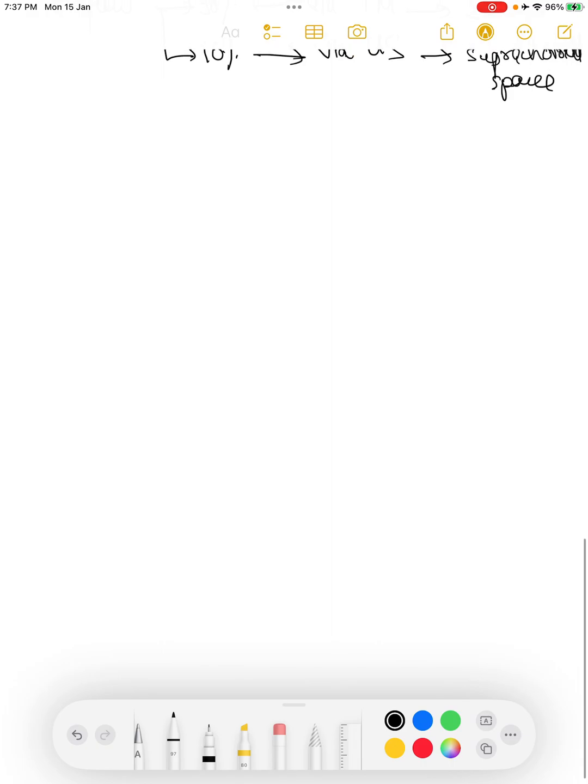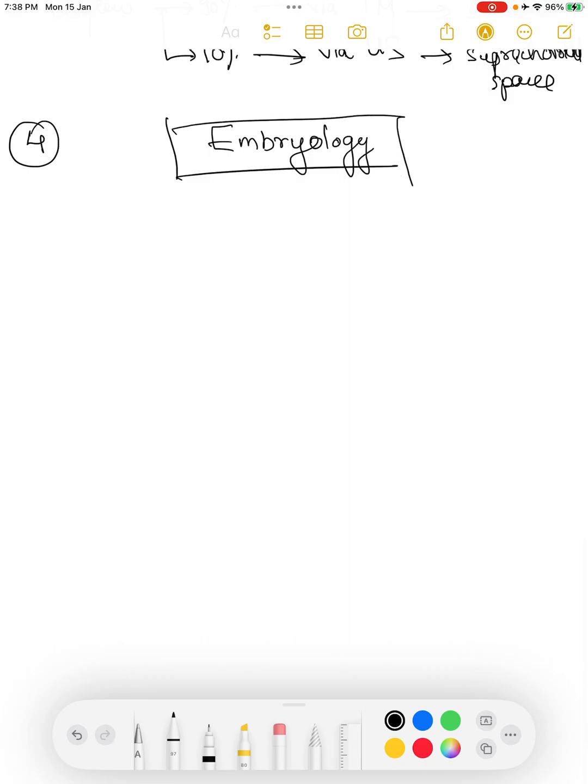Now coming to something very important, embryology. I'll be giving mnemonics so that you remember, because it's very volatile and asked often in ICO exams, basic sciences.